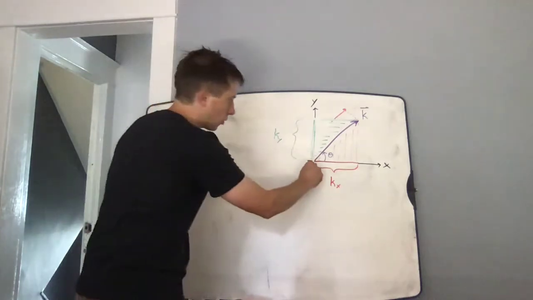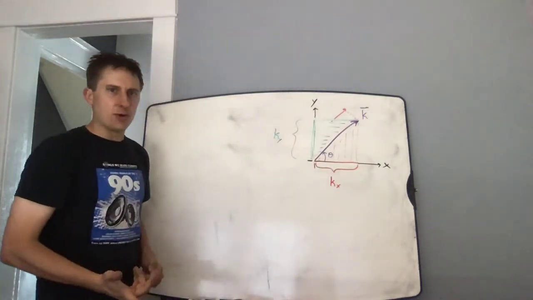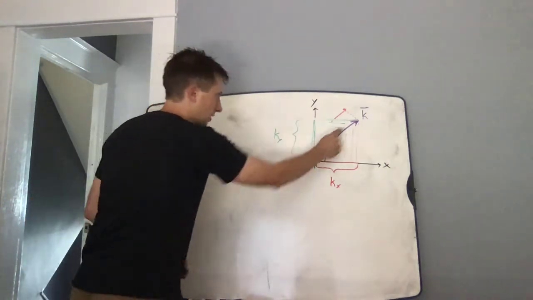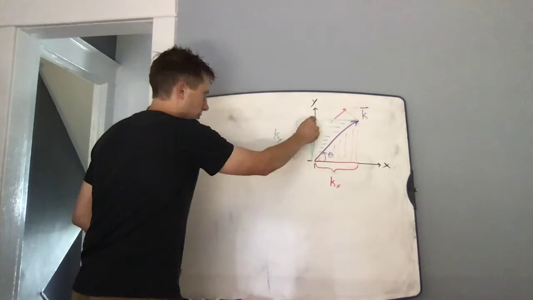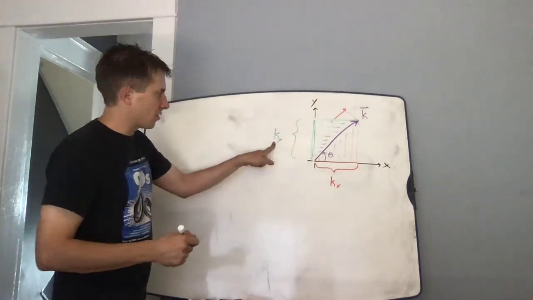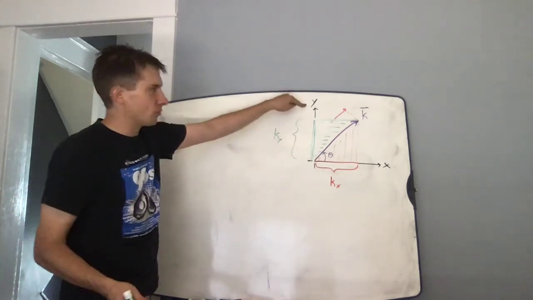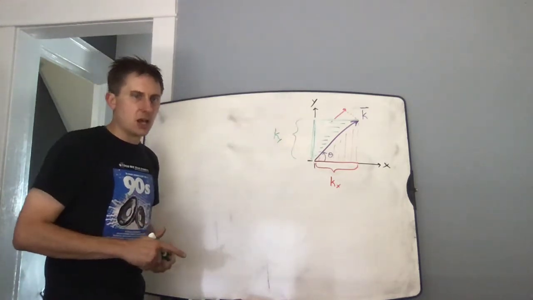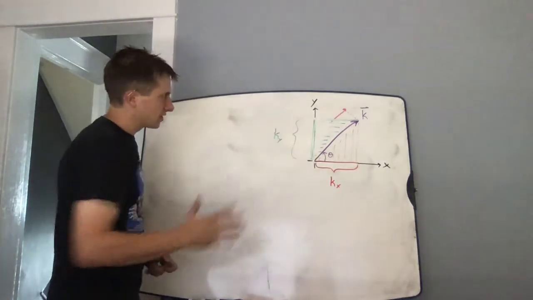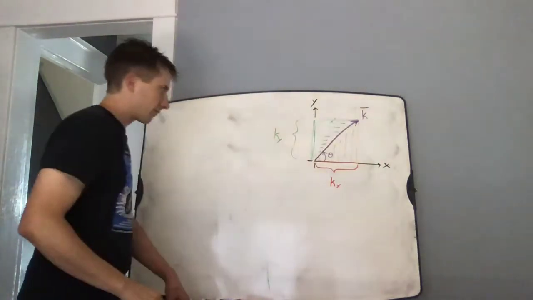It is true, I did walk to the right when I went from here to here, but the question we are addressing at the moment is only how far upward did I walk? And it would be from here to here. So I could also call that the y component of k, or the vertical component of k, since we're assuming y is the vertical axis, or the projection of k onto the y-axis.